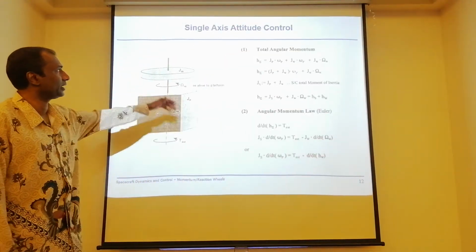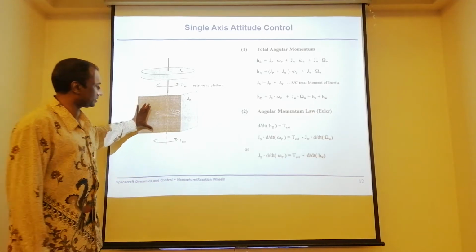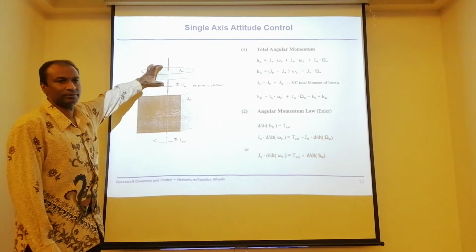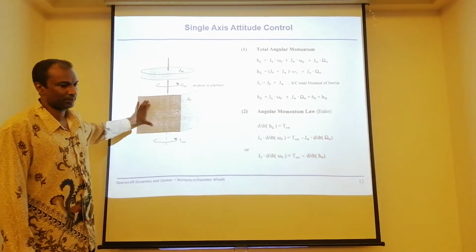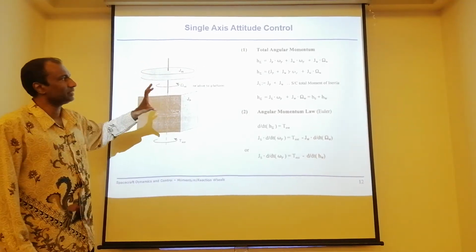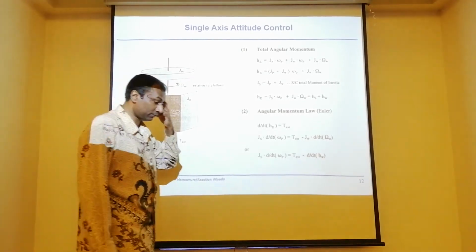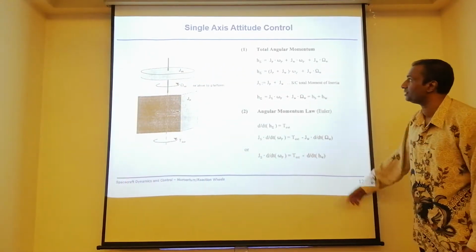Alright, let us look at the single axis control. Assuming I have a wheel and a platform, JP is the platform, which is the satellite, and I have a wheel. Let me write the total angular momentum equation so that you will know how we can do this.